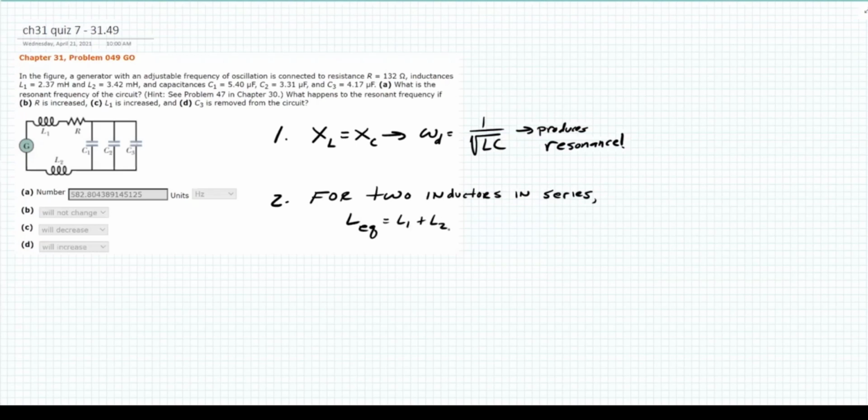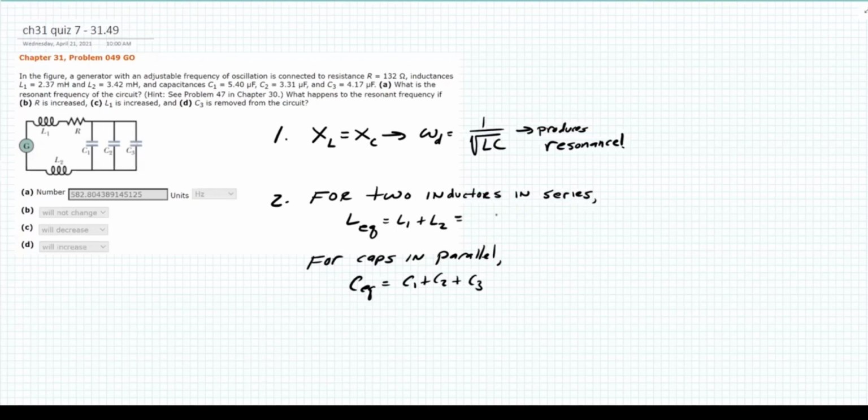So you add them like resistors. This is a bit of a new wrinkle. We know how to deal with total inductance. For capacitors in parallel, because those are in parallel, we have CEQ equals C1 plus C2 plus C3.